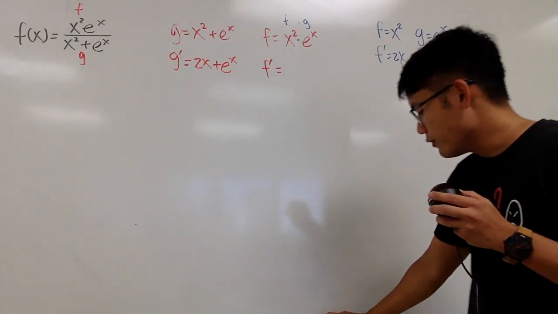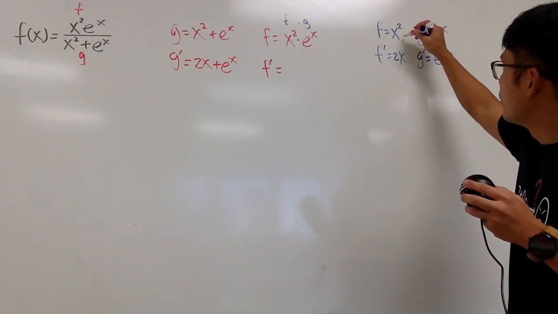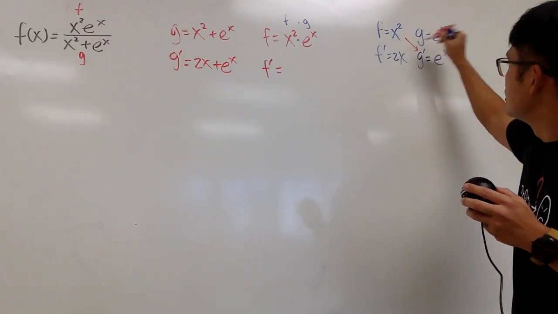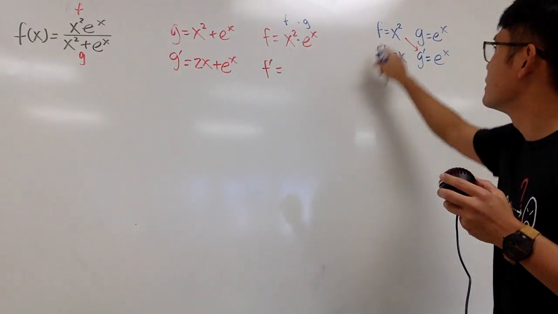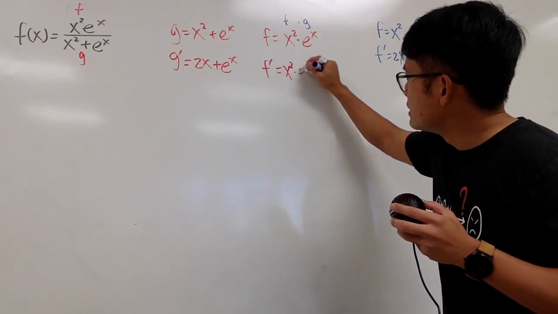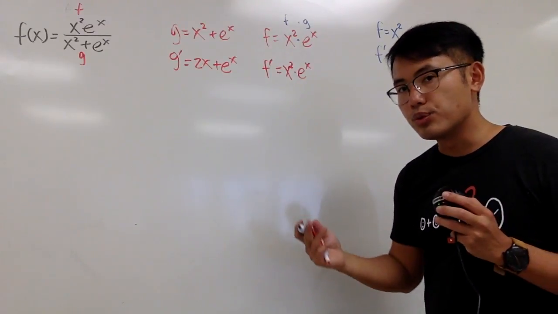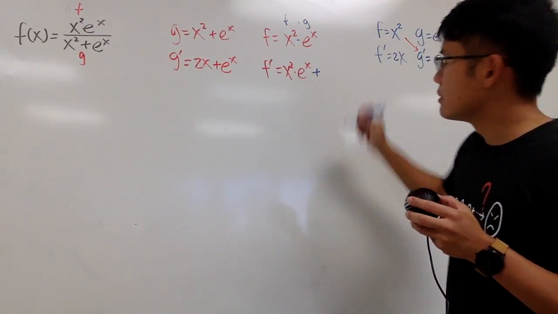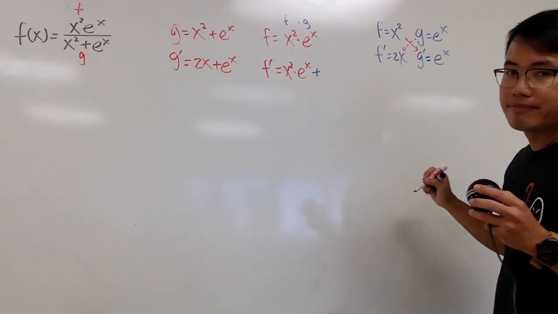Anyway, for the product rule right here, we go f times g prime, the first function times the derivative of the second function, right? F times g prime, which is x squared times e to the x. And then for the product rule, we are going to add the other direction, this times that.